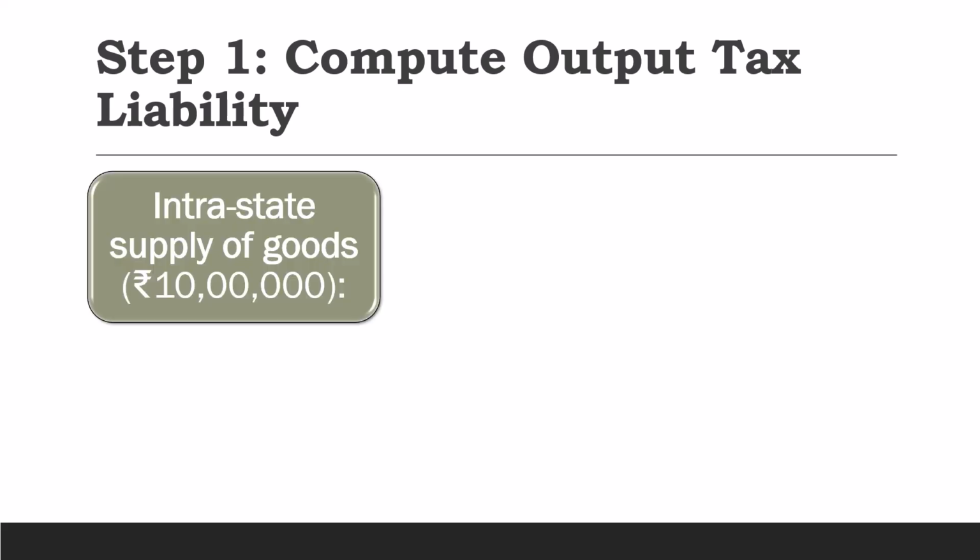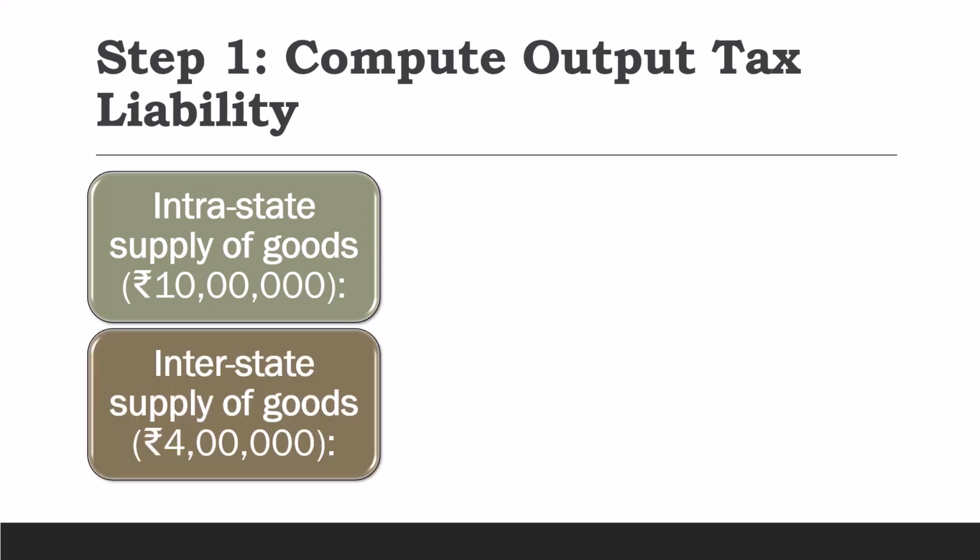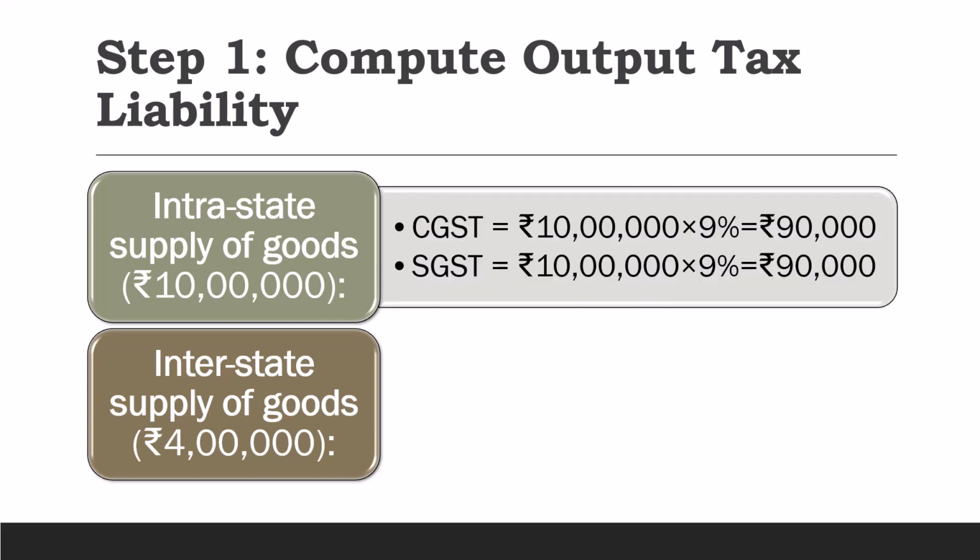That means he has to pay 90,000 rupees as CGST and 90,000 as SGST on account of the sale which he has made within the state. Now for the sale which he has made out of the state, he has to pay IGST. On 4 lakhs at 18%, which is 72,000 rupees.